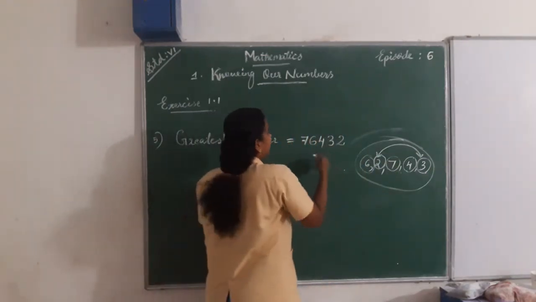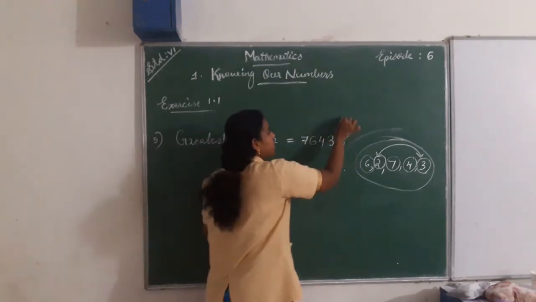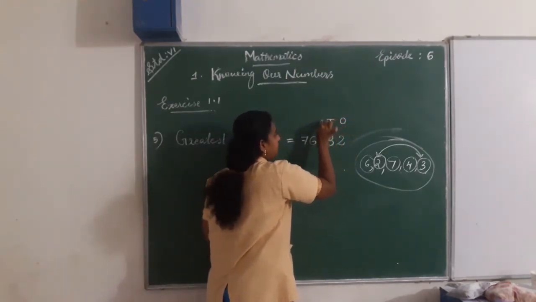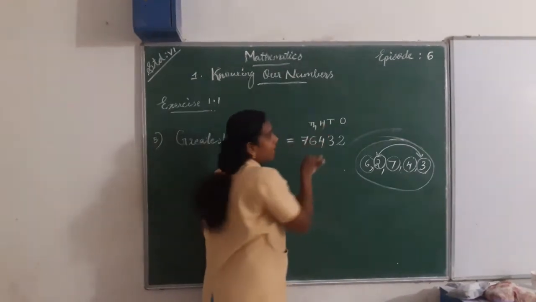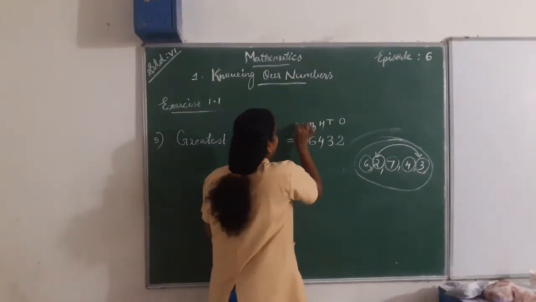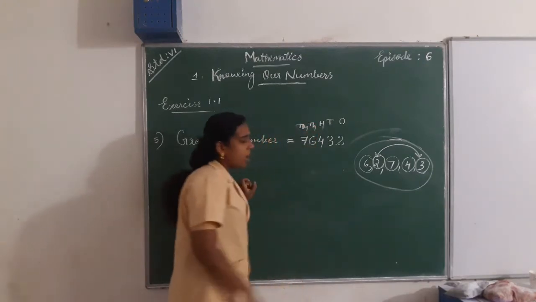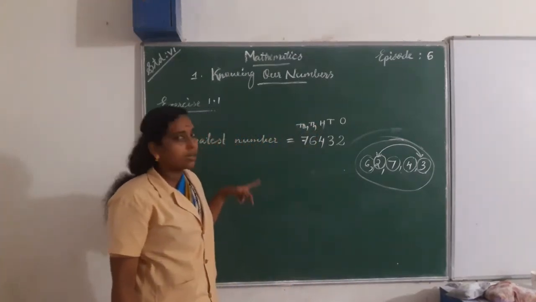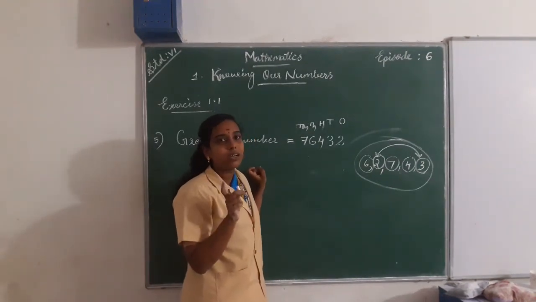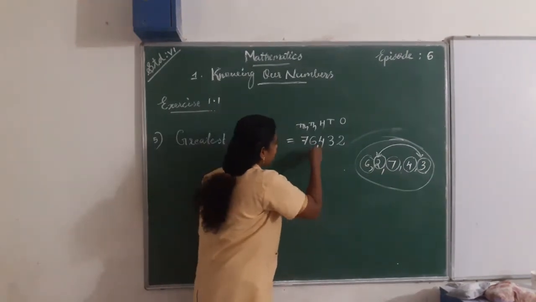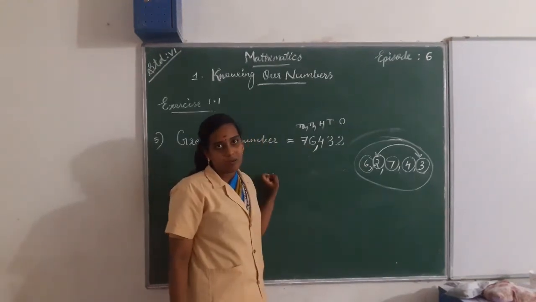How can we read this number? It's also ones, tens, hundreds, thousands, then 10,000. Very good. How can we use a comma in this number? Yes, the first comma comes after the hundreds.